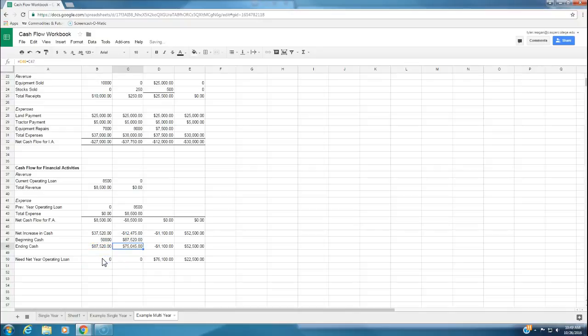So we go ahead and fill that in, and we can see that we actually do not need an operating loan in 2015. So we're going to go ahead and drag these across, and it's simply just cell referencing the year before.